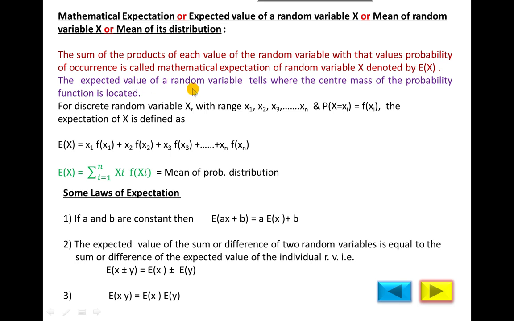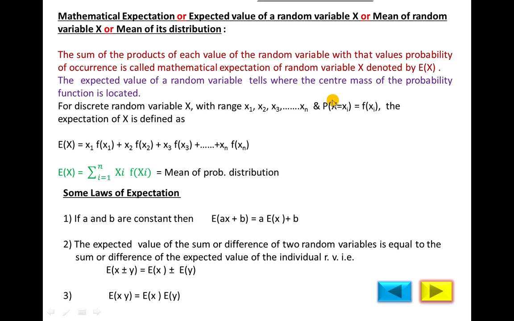So the expected value of a random variable tells where the center of mass of the probability function is located. For a discrete random variable x with range x1 to xn and corresponding probability P(x = xi) equal to f(xi), you can use f(xi) or probability of x equal to xi. For a formula or function we use this.